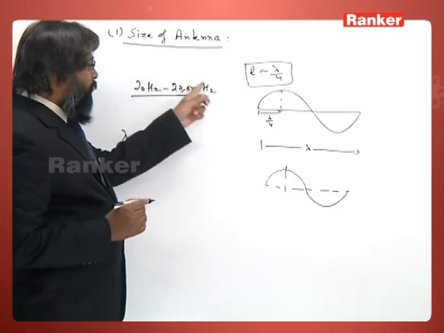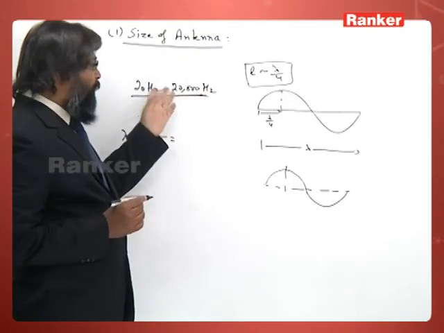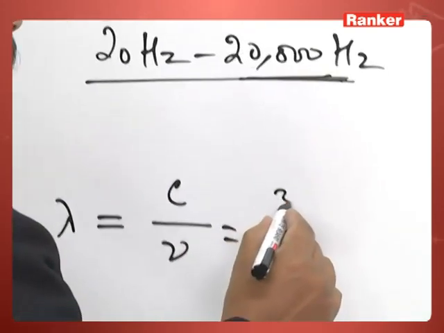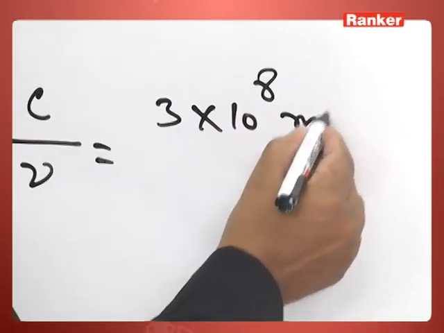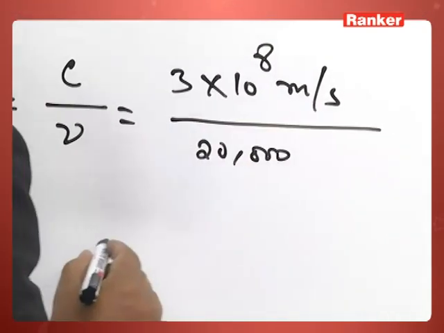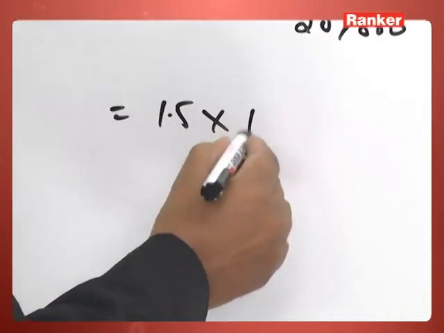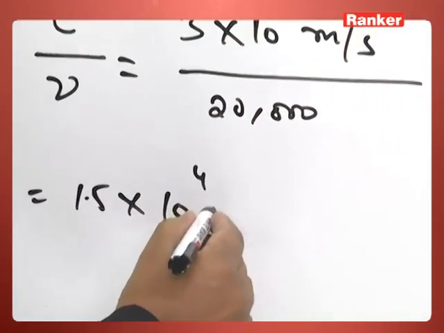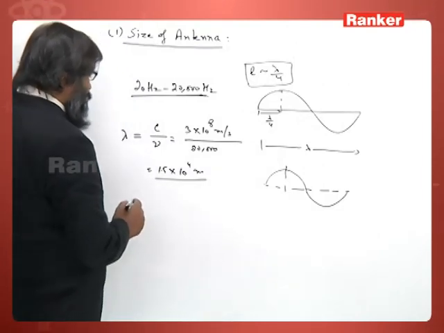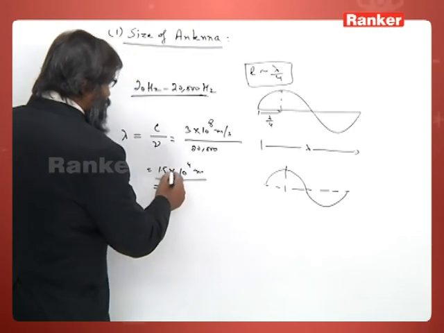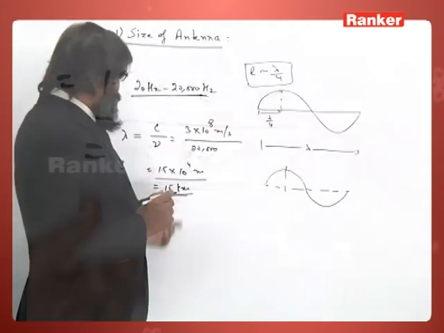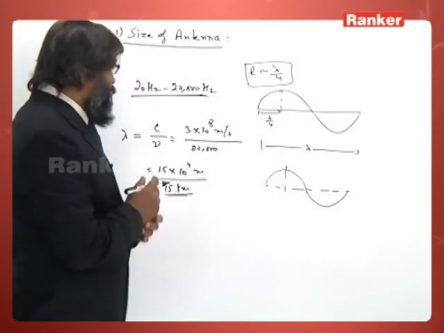We are going to transfer this signal in the form of an electromagnetic wave, so c is 3 into 10 to the power 8 meter per second, and the frequency is 20,000. So lambda is 1.5 into 10 to the power 4 meters, that is 15 kilometer. A 15 kilometer long antenna will be required.